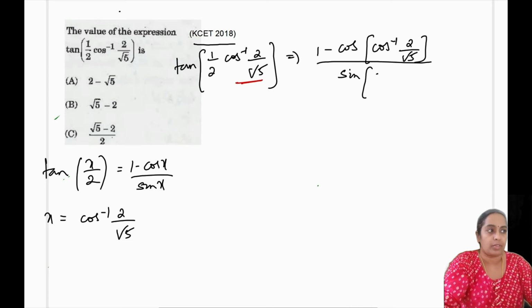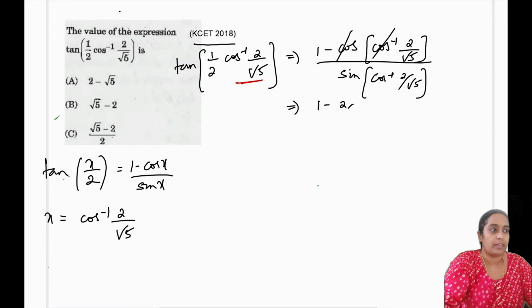So in the numerator, cos inverse and cos get cancelled. So the numerator is going to be 1 minus 2 by root 5. In the denominator, we have sin and cos inverse.